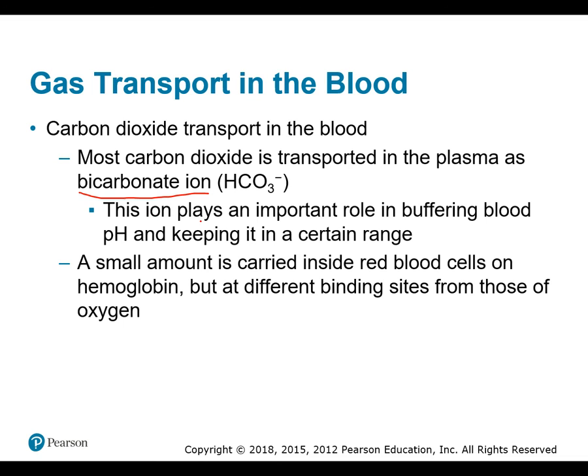Now, this ion plays an important role in buffering your blood's pH, which is why we mentioned that your respiratory system also maintains pH value. Now, a small amount is carried on red blood cells, but thankfully they bind to different sites than oxygen, so we don't ever have to worry about not getting enough oxygen to our body.